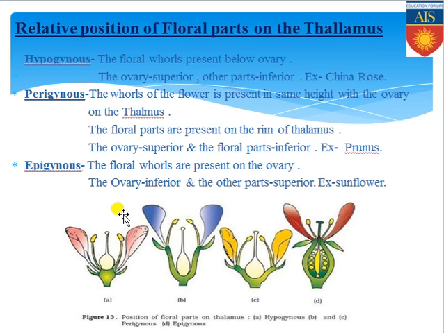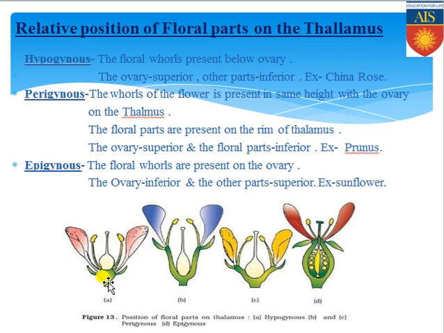Here the ovary is superior and the other floral parts are inferior. Example, Prunus. If you consider the epigynous flower, here the floral whorls are present on the ovary. The ovary is inferior and the other floral whorls are superior. Example, sunflower.